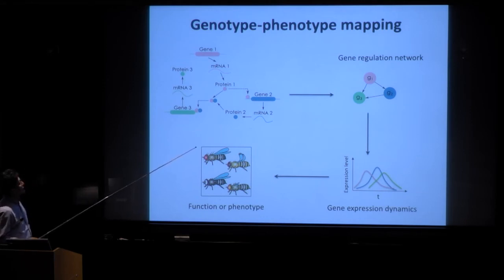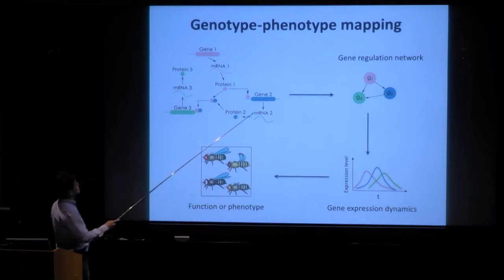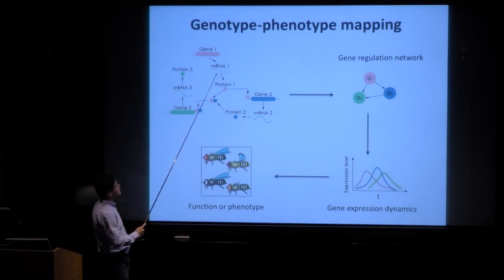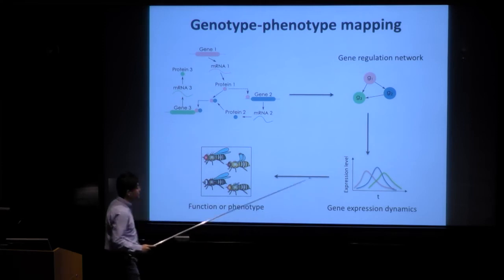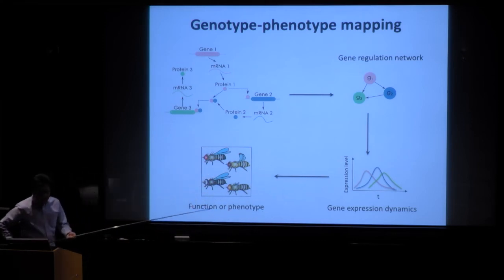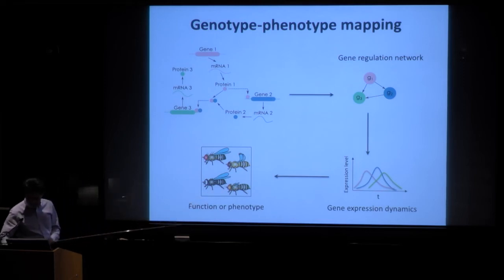So one thing in biology is really mapping the genotype to phenotype, right? Biologists spend a lot of time doing that, and essentially you have a bunch of genes and proteins interacting, and you have a network, and you have gene expression, and then you have some phenotype. So that's a flow of information. But in fact, this is being solved traditionally inversely.